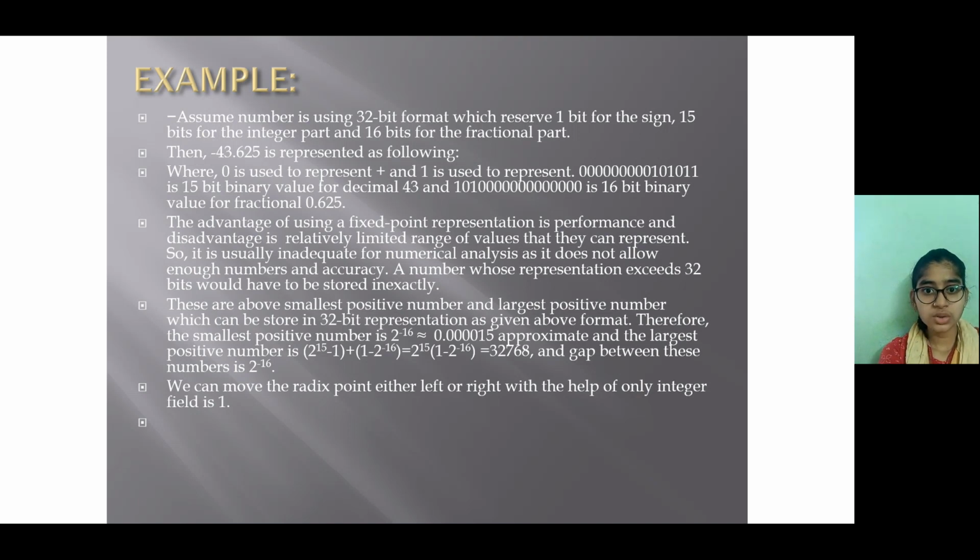The 0 is used to represent plus and 1 is used to represent minus. This is the 16-bit binary value for decimal 43, and this is the 16-bit binary value for the fraction 0.625. So here minus 43.625 is negative, so we are taking 1 as the sign bit.